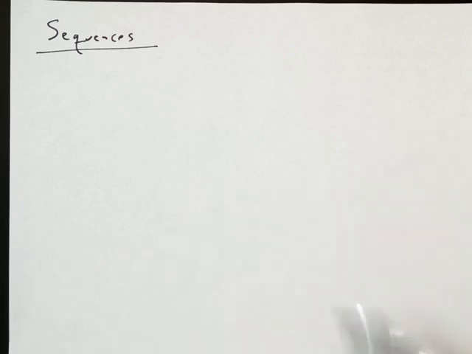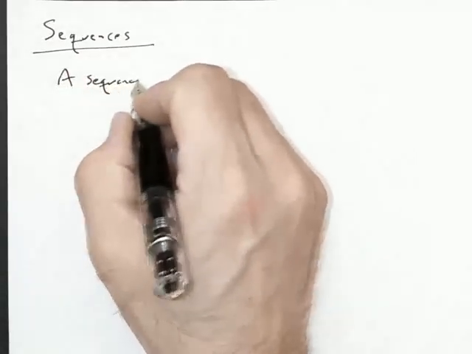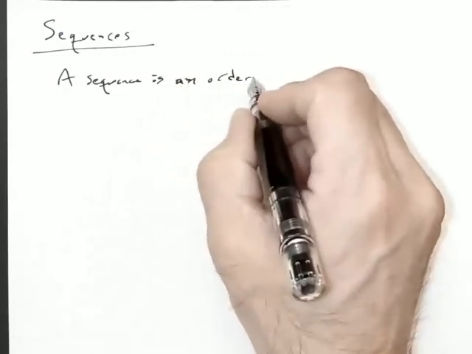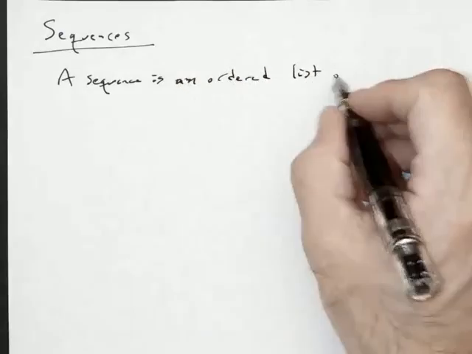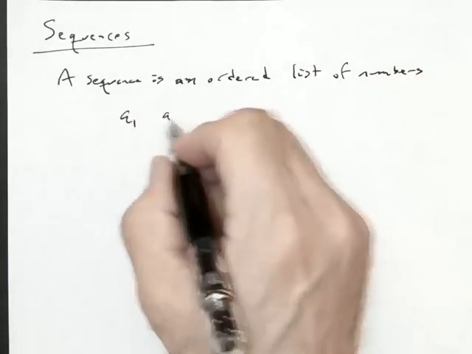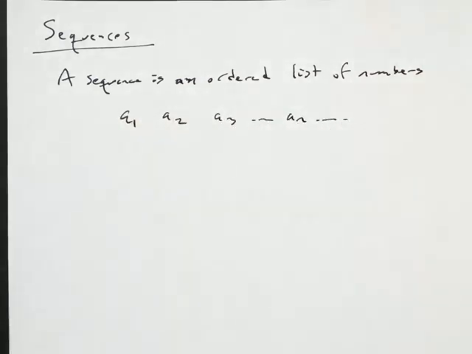A sequence is an ordered list of numbers. So I've got a sequence here, and I'm calling the things in my sequence A. I have A1, A2, A3, AN.